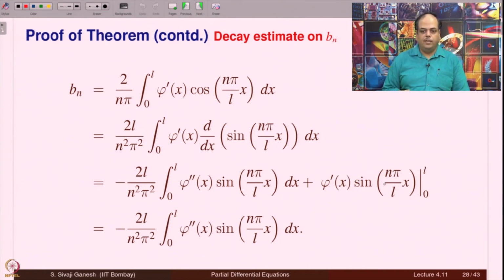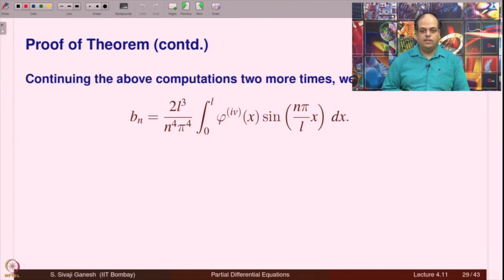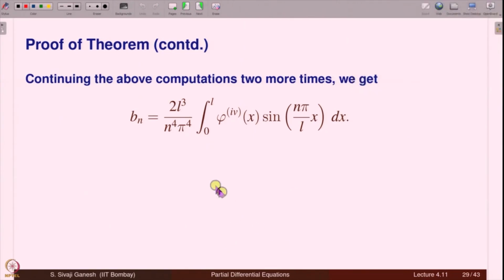Earlier we got it from the compatibility conditions, now we do not get it from the compatibility condition, but we get it from this sine term. When x equals L or 0, this is going to be a multiple of pi and sine is 0 at those points, that is why this is 0. Now we have got this, repeat this 2 more times, you get this n power 4. So therefore n square mod Bn will be less than or equal to constant by n square.